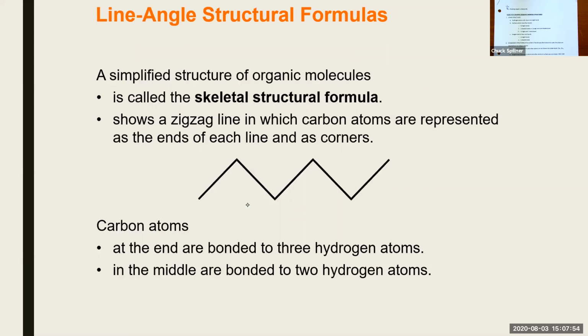So this is a skeletal structure formula, and this is a bigger molecule. Let's see how many carbon atoms there are. The slide says line angle, but it's also the skeletal. I think the book calls these skeletal structures.